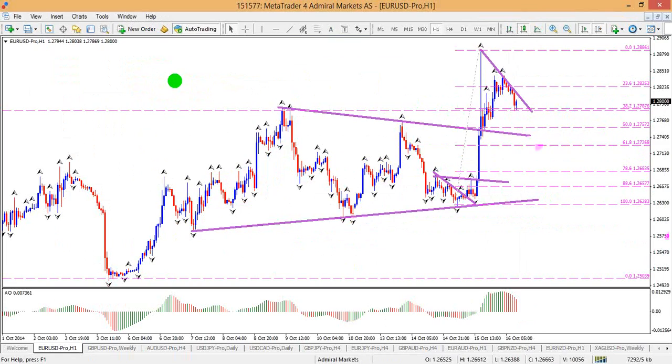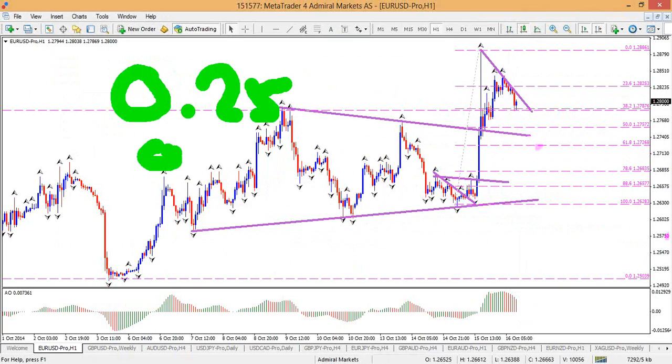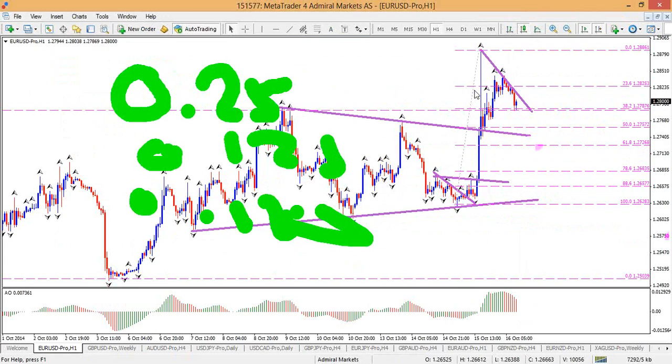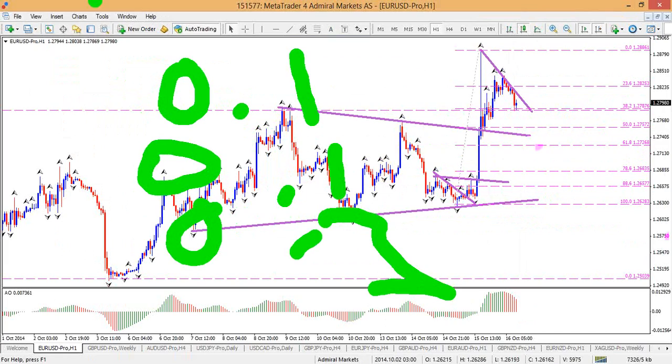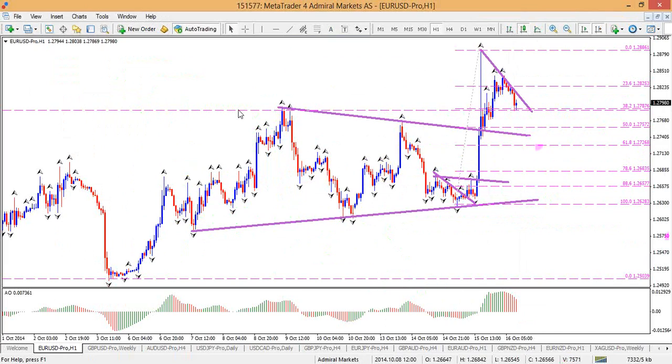Or any combination that adds up to 0.5. It could be 0.25 and then 0.125 and 0.125. Or the other way around, 0.1, 0.1, 0.3. It really doesn't matter as long as it's 0.5. I mean, the standard risk.